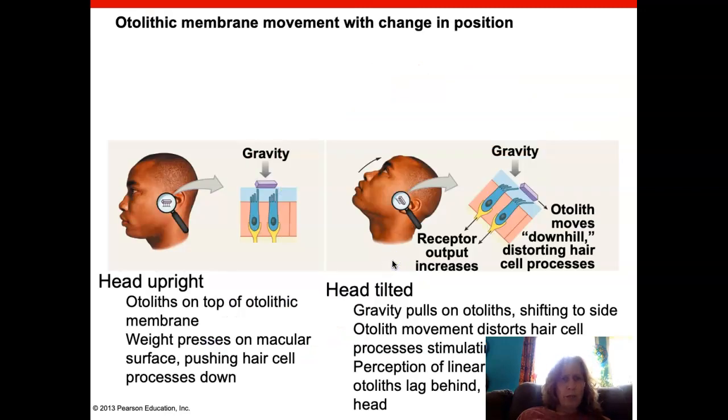So when your head is upright, the otoliths are on top of the membrane, and the weight presses on the surface and it pushes the hair cells down. But if you tilt your head back, gravity is going to move those tiny little stones downhill, and it's going to distort those hair cells, and you get the perception of linear acceleration, for example.